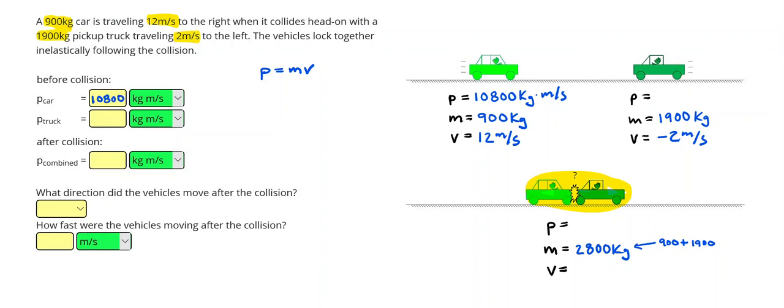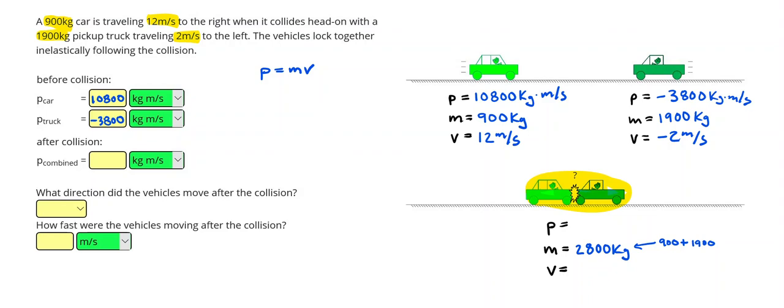And that's my first answer over here. And then 1900 times -2 will give me -3,800 kilogram meters per second.